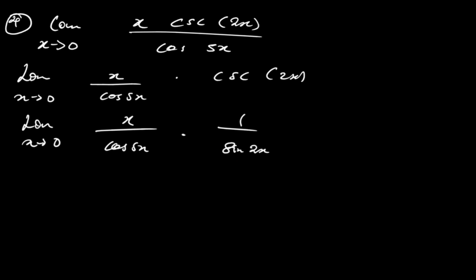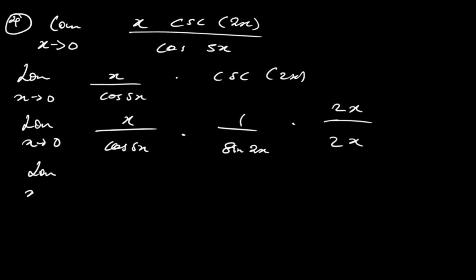So this would be put in a manipulative way where we can introduce 2 over 2. Yeah, I think that would be better. So in this manner, if we introduce 2x over 2x, we will end up having something of this sort.